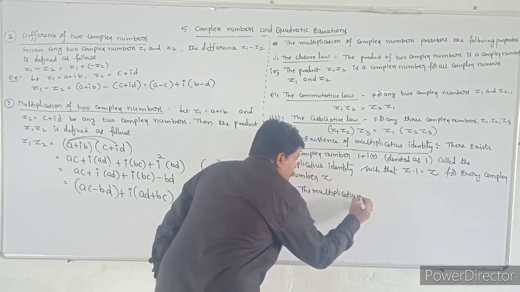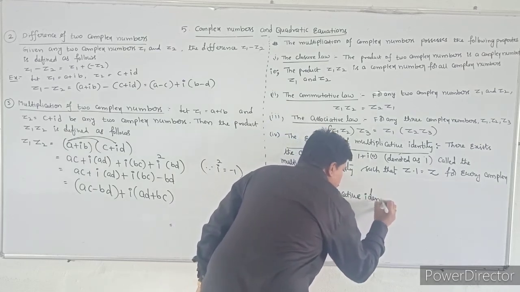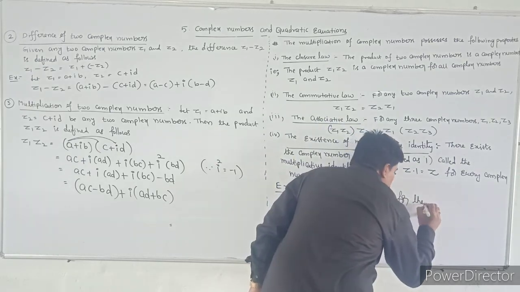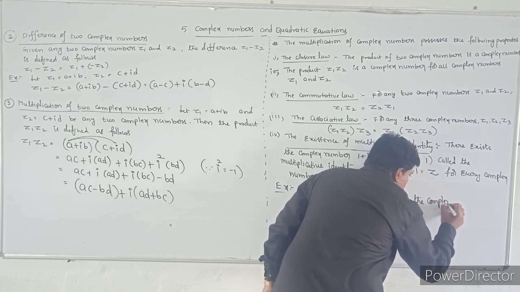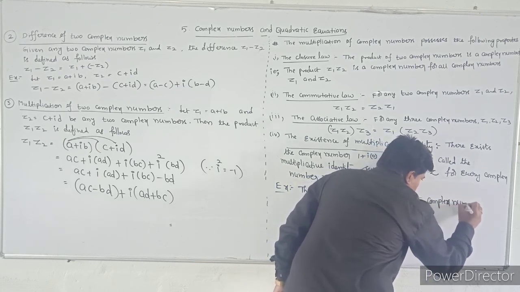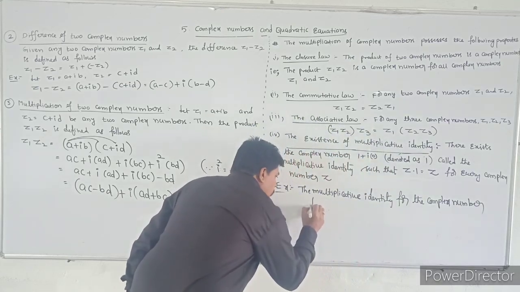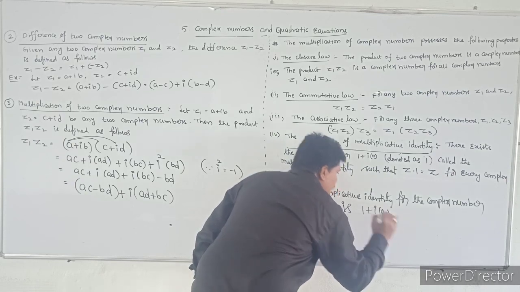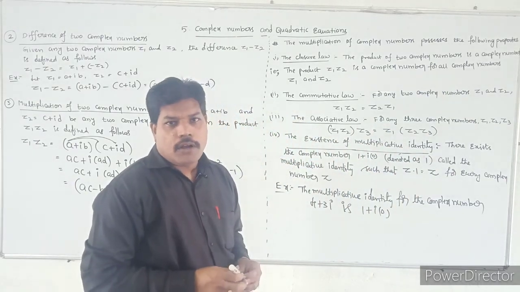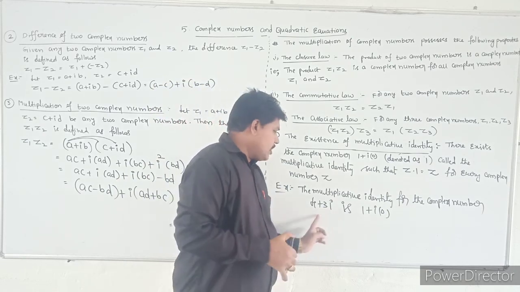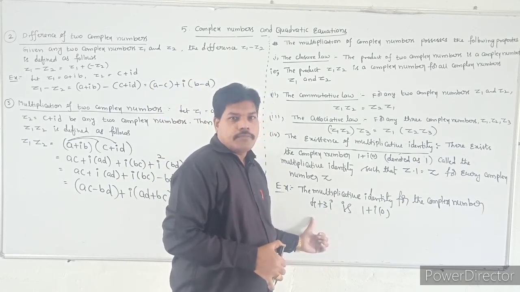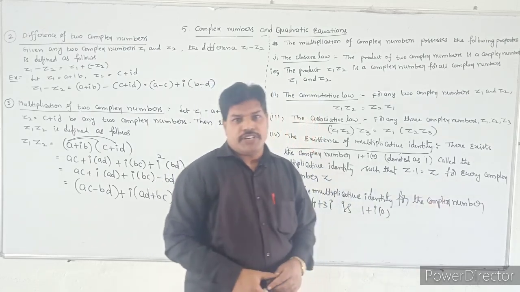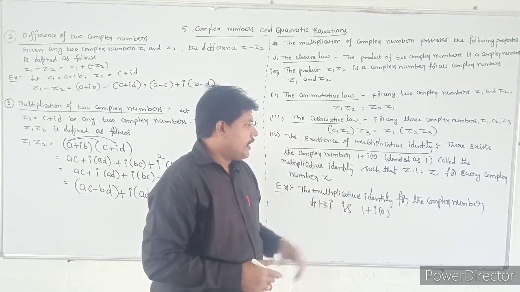The multiplicative identity for the complex number 4 plus 3i is what? That is nothing but 1 plus i into 0. For every complex number, this is the multiplicative identity. Why? Because if you multiply with this, you will get the same. Multiply 4 plus 3i into 1, it is 4 plus 3i. So that is Z into 1 is equal to Z. That is called the multiplicative identity.